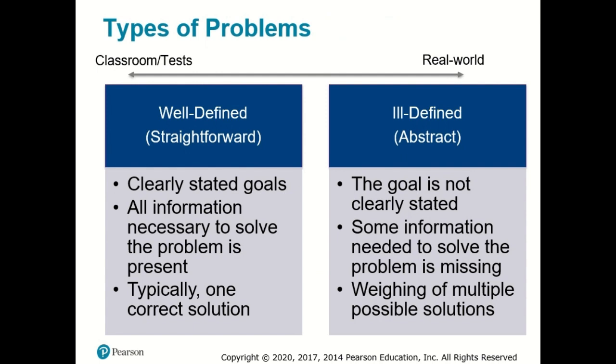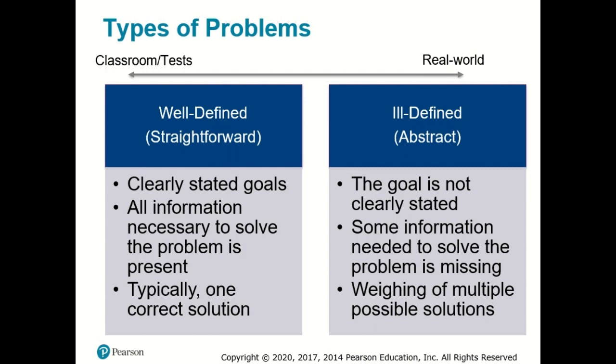And creativity and problem solving are also related to different types of problems. So problems can be put on a spectrum. On one extreme, it can be a well-defined or straightforward problem, and the other extreme can be an ill-defined or abstract problem.